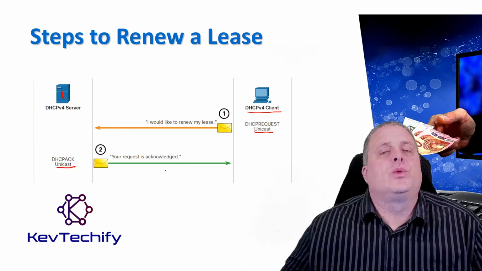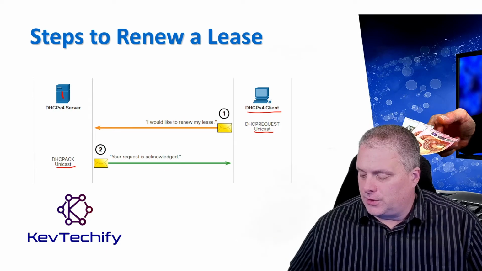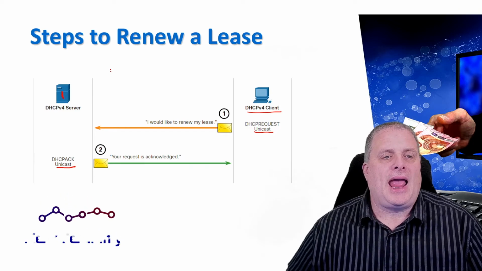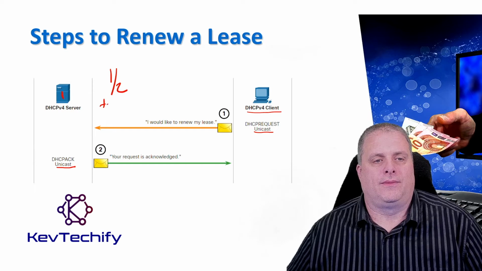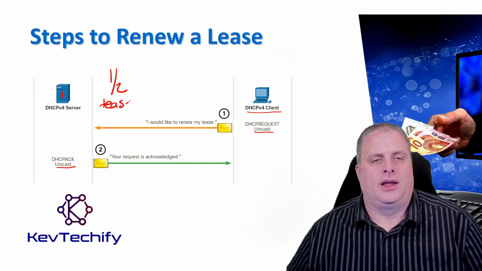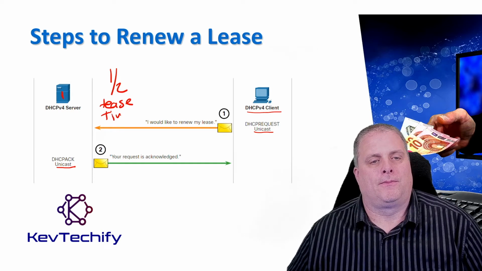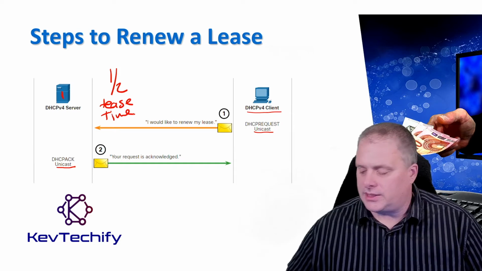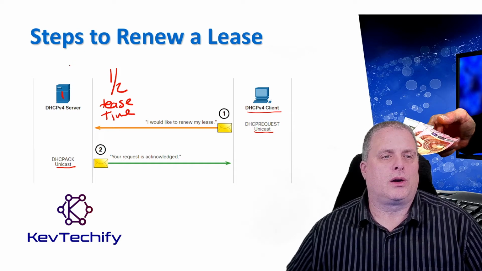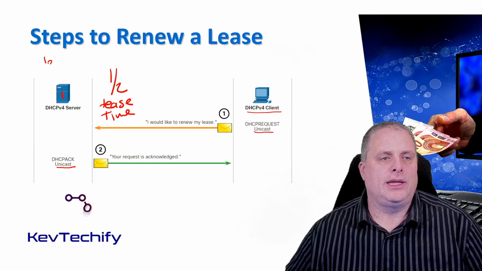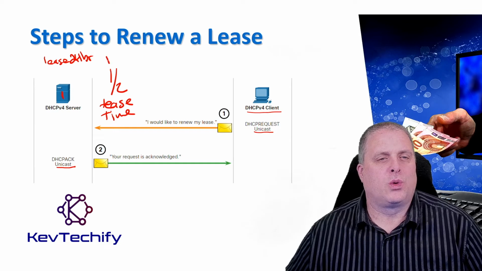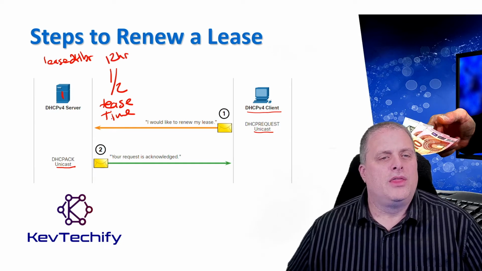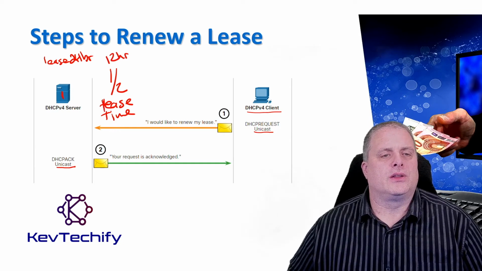Now, when does this renewal happen? The first renewal attempt is at half the lease time. So half the lease time. Let's say our lease was for 24 hours. So our lease is 24 hours. At 12 hours, they're going to ask for this lease renewal.